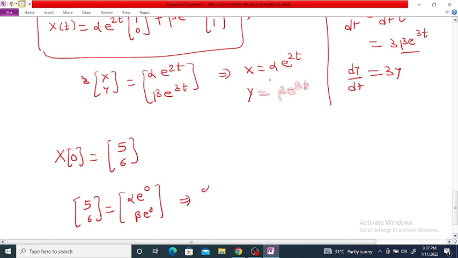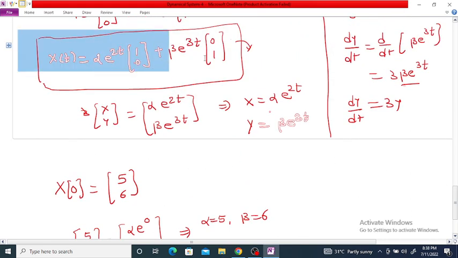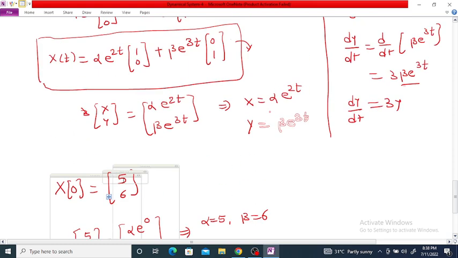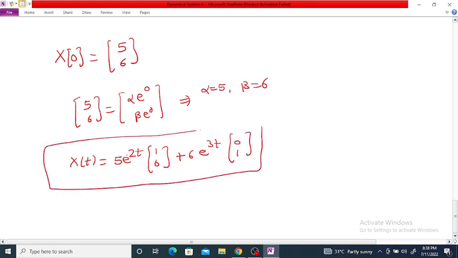So this implies alpha is equal to 5 and beta is equal to 6. So what is your solution? X(t) is equal to 5 e raised to 2t (1, 0) plus 6 e raised to 3t (0, 1). So this is the solution of the given system.